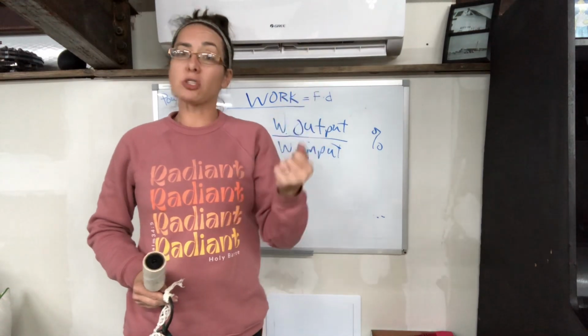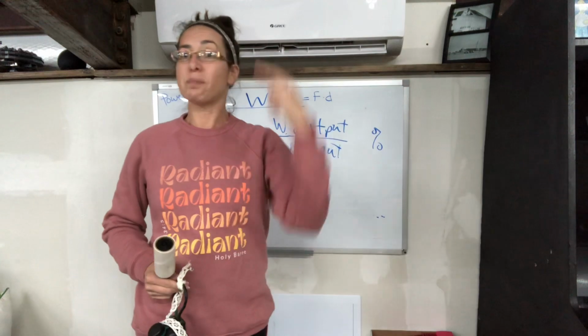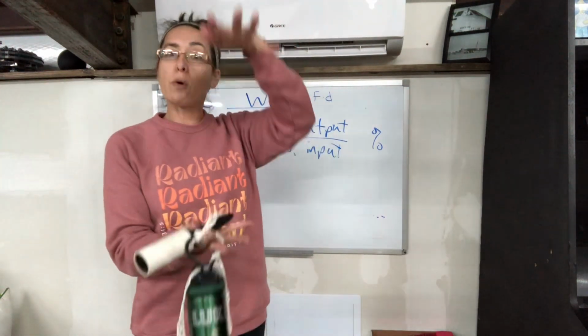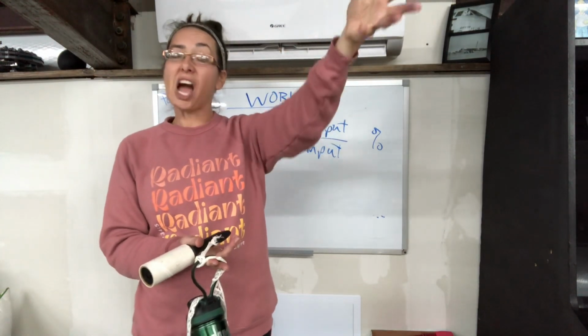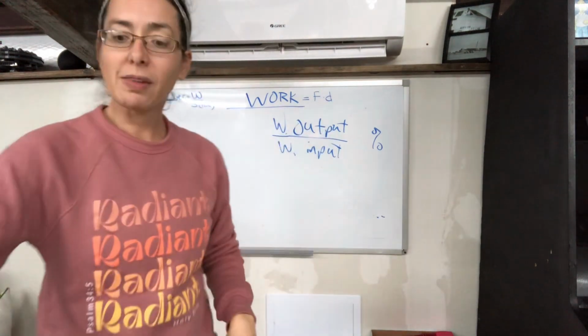If you have something that's super heavy, you'll see where they wrap up a pulley system maybe 6, 7, 8 times. That means they're able to do 8 times more than what they could do with just one. That's a pulley system.